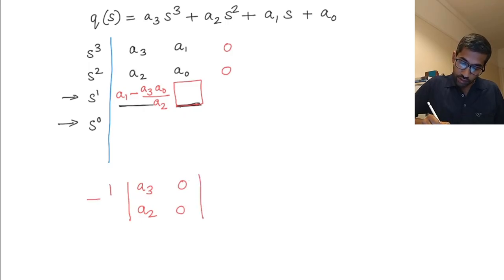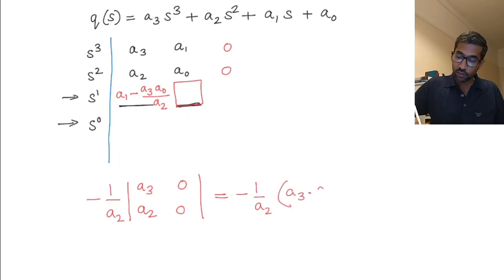So I'm just going to put 0 here temporarily, and therefore I can form the determinant with 0 and 0, and that's going to be minus 1 over a2. And what is this value going to be? You can take a look. It's going to be basically 0, because it's going to be a3 times 0 minus a2 times 0, and that is equal to 0.